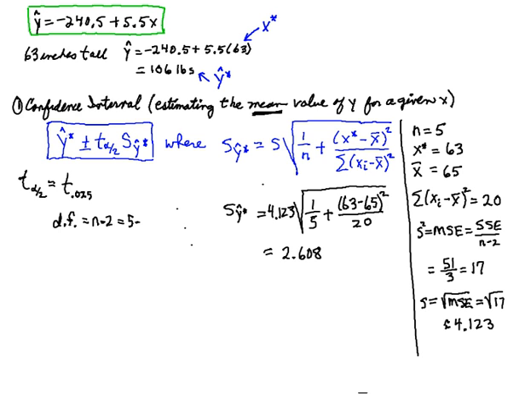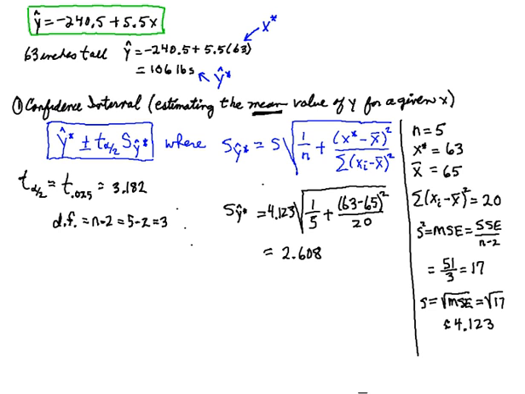It's actually the denominator of MSE. So we have 3 degrees of freedom. With 3 degrees of freedom, and in column 0.025, I have 3.182.